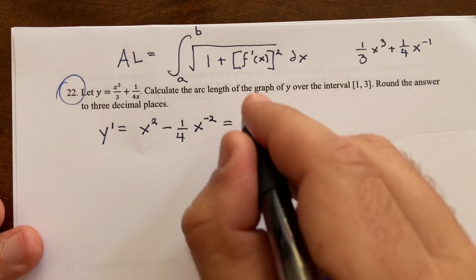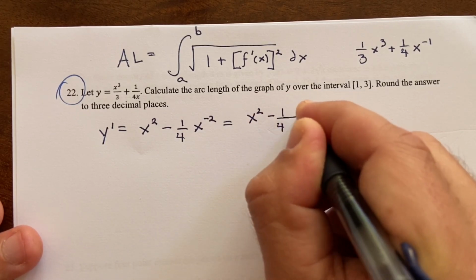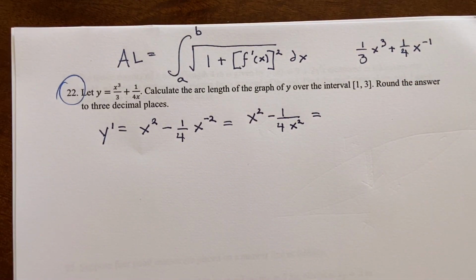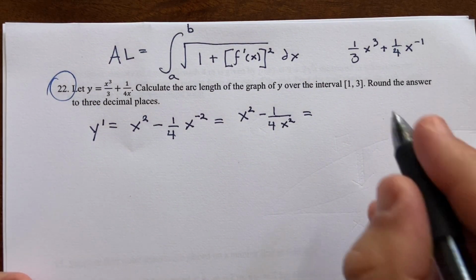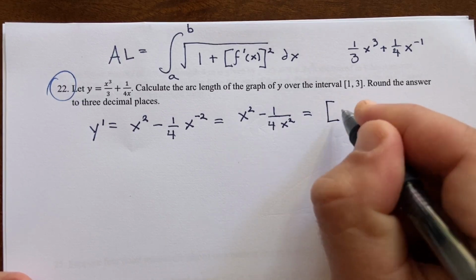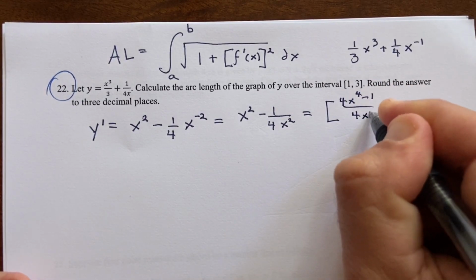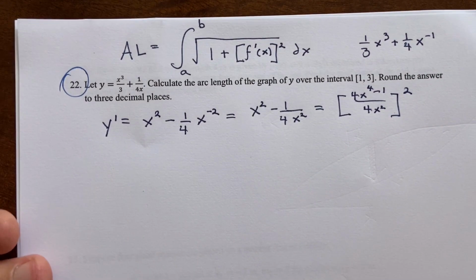So this is y prime. I have x squared minus 1/4 over x squared. If I combine these fractions through a common denominator, that might help. I'd ultimately get 4x to the 4th minus 1 over 4x squared. And then I need to square that, unfortunately.